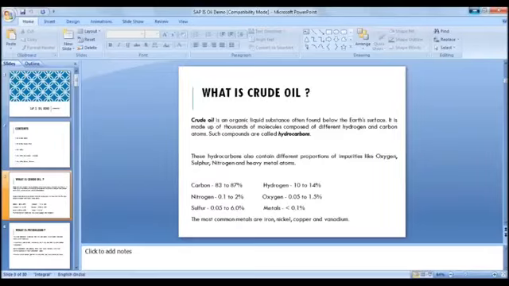Sulfur content, nitrogen content, carbon residue, distillation range, all these will have an impact on what kind of oil it is. So have you heard about heavy crude, light crude, sweet crude, sour crude? Yes, yes. Okay.